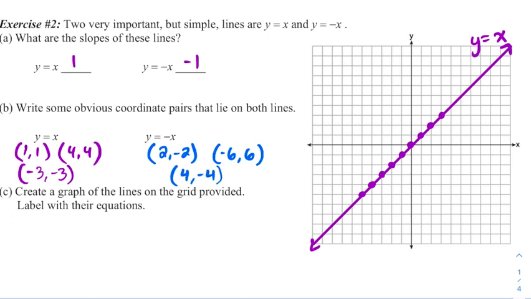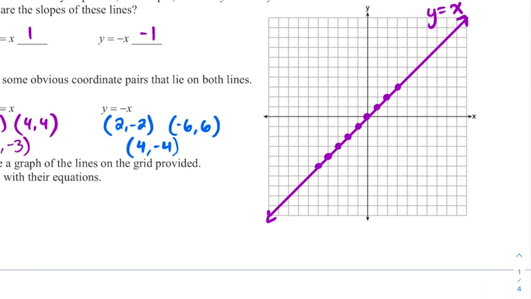One is positive, one is negative. So those are going to go this way. And we could connect going like that, and that is y equals negative x.